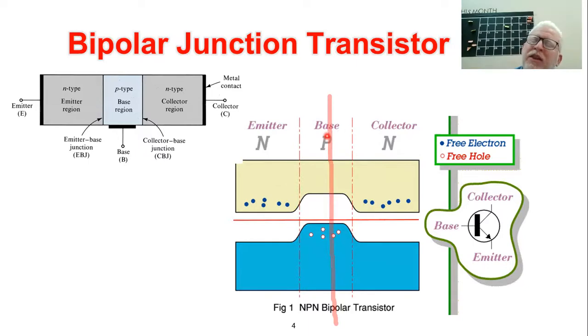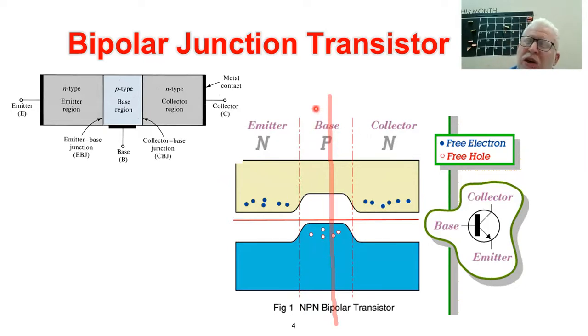A combination means what biasing condition. It's very simple. We have two p-n junctions. For each p-n junction, we have two biasing conditions. We have either a forward bias, whenever you connect the N to the negative and the P to the positive terminal of a battery, or we have what's called the reverse bias, whenever you connect the N to the positive and the P to the negative.